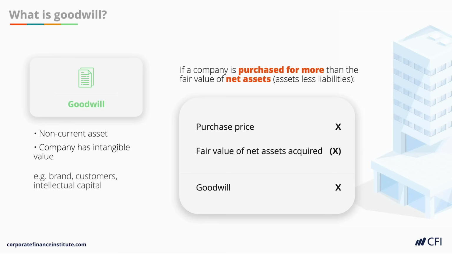Things like brand, customers, and intellectual capital are factored in. These factors are considered to be benefits that will last longer than 1 year, and hence why goodwill is recorded as non-current. The value of goodwill is measured each year to determine if it is still appropriate. If not, it's written down to the amount considered to be a fair value.